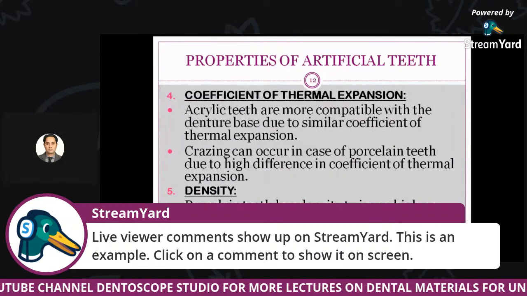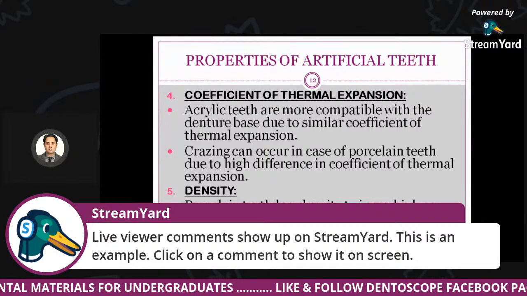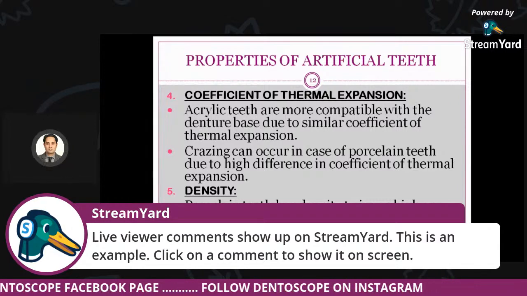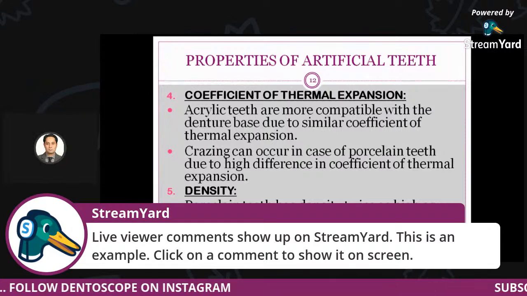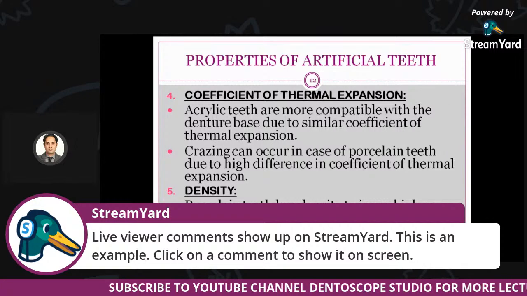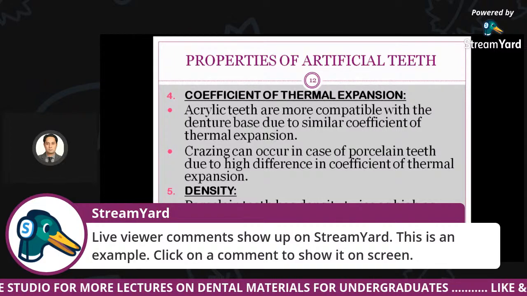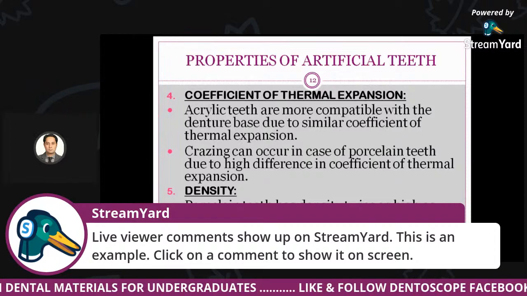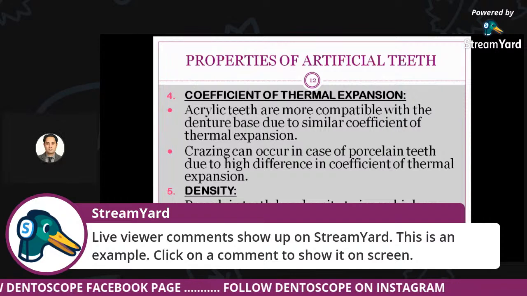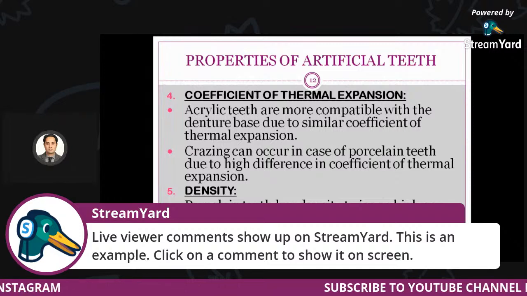Keeping this in mind, having the same coefficient of thermal expansion means that when the patient takes some hot or cold drink, any hot food, and the artificial teeth expand or contract, the acrylic denture base will also expand or contract in the same manner. So there is not going to be any difference between the values. Whereas in case of porcelain teeth, the difference is quite high, 80 and 7. That's a very big, huge difference.